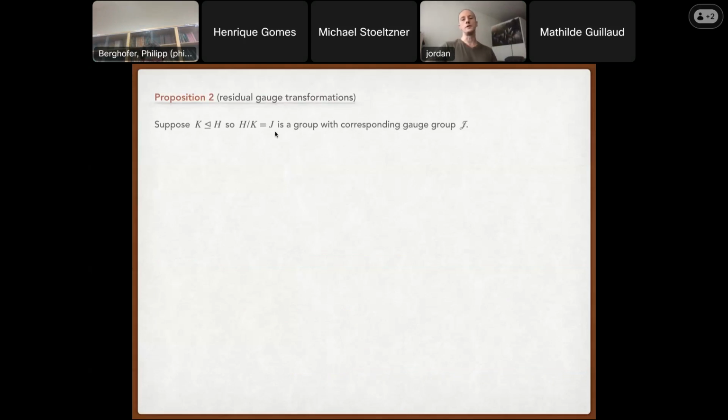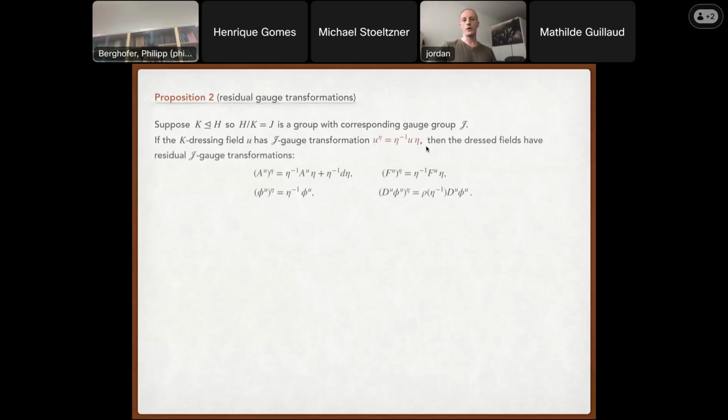So that the quotient group is itself a group, to which corresponds a gauge group, which we call J. And now suppose that the dressing field that you have identified or built transforms under J by conjugation like this, then it is very easy to show that the dressed invariant fields that you have built transform like normal gauge fields under the J gauge group, under the residual symmetry. So you can use those dressed objects, K invariant, as normal J gauge fields.